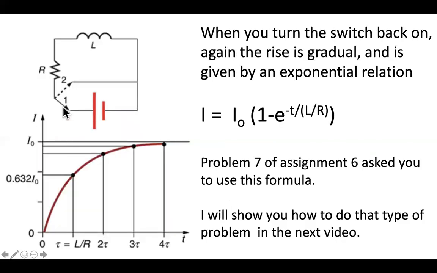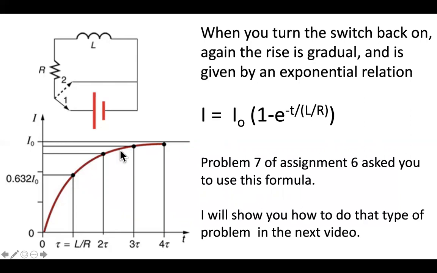If you throw the switch so that we go back to having the battery on, what do we see? At first the current rises quickly, but then it slowly stabilizes at the particular current set by the resistor, set by Ohm's law.